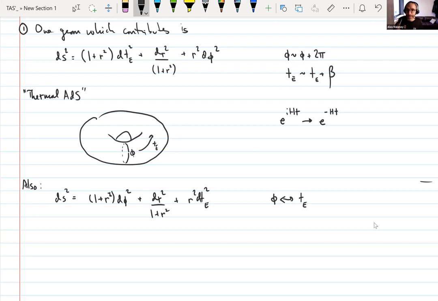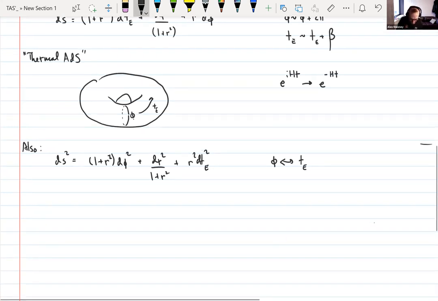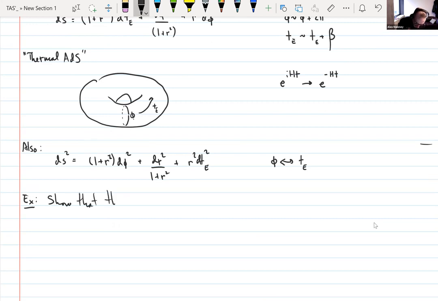And in fact, you've met this geometry before. So in particular, exercise: show that this geometry is the Euclidean BTZ black hole. Now, how do you know that this is a black hole? Well, first I'll give you a hint.